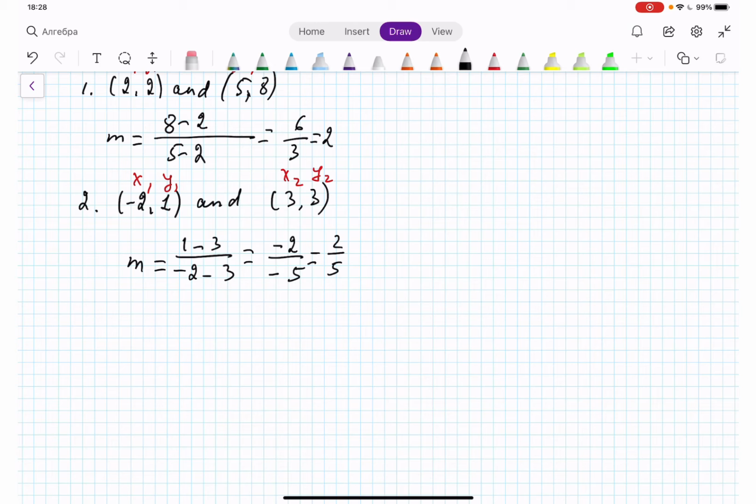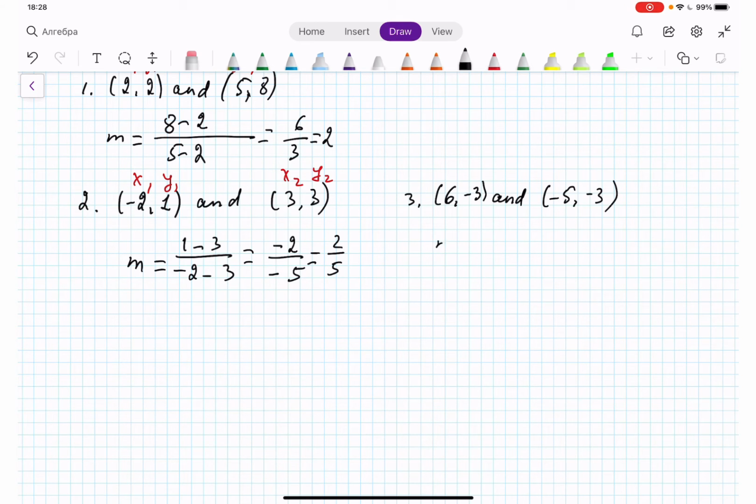Question number 3. We have 6, negative 3 and negative 5, negative 3.